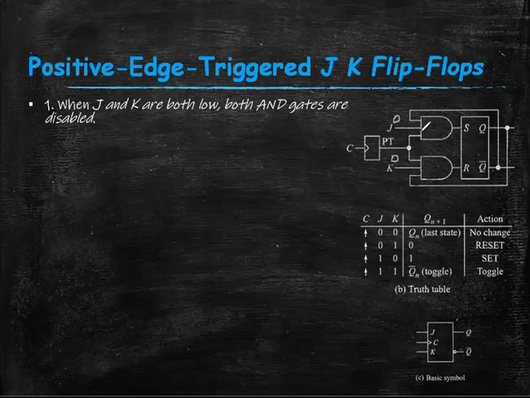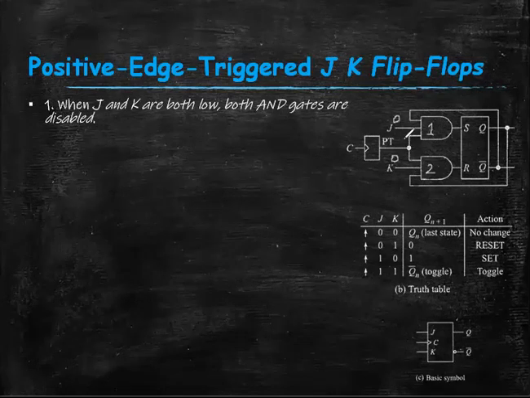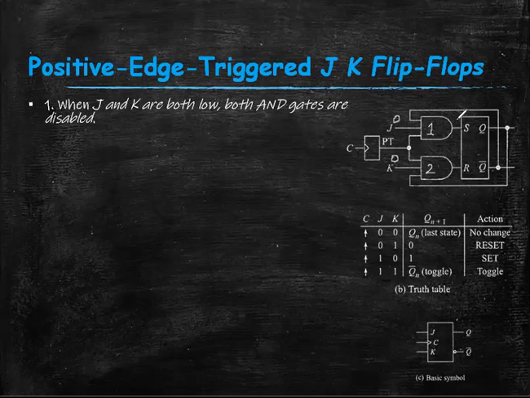We know that in the case of a 3-input AND gate, if all inputs are 1, then the output of the AND gate must be high. That is, for the first AND gate and for the second AND gate, one of the inputs is 0, then S must be equal to 0 and R must be equal to 0.